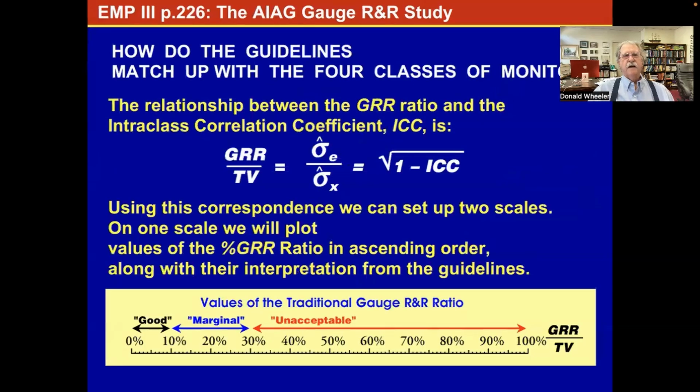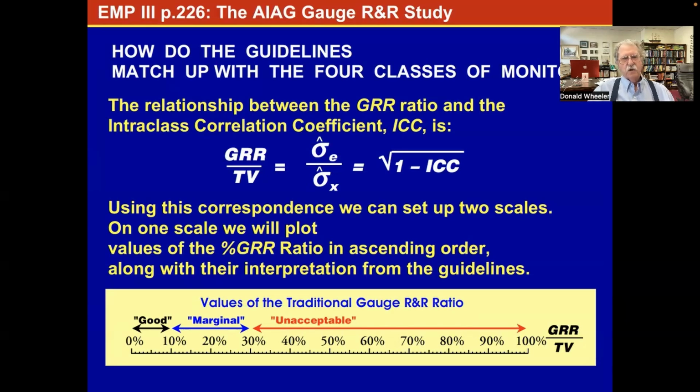Well, how do these guidelines match up with the 4 classes of monitors? Well, the relationship between the gauge R&R ratio and the interclass correlation coefficient, the combined R&R, is the square root of 1 minus the ICC. Using this correspondence, we can set up 2 scales.